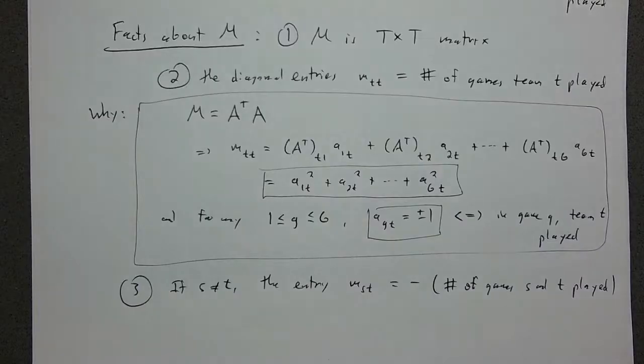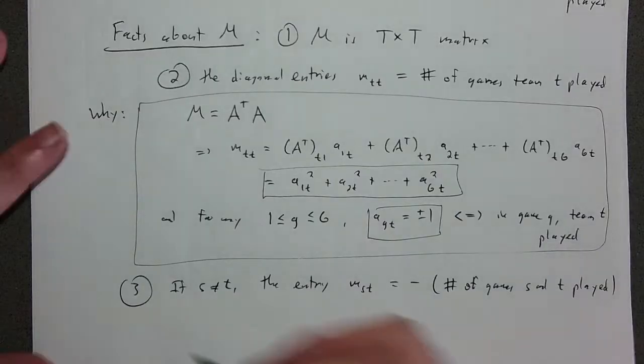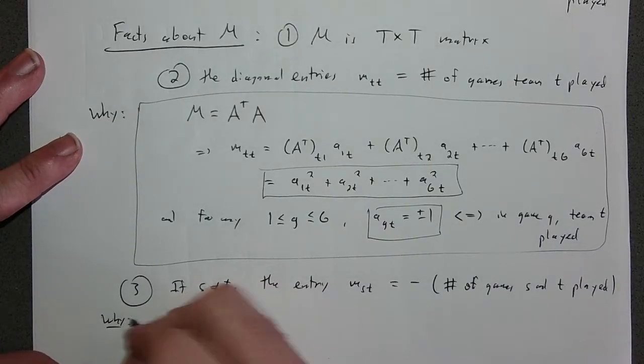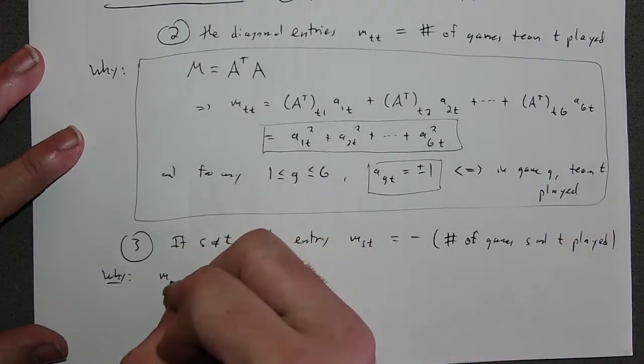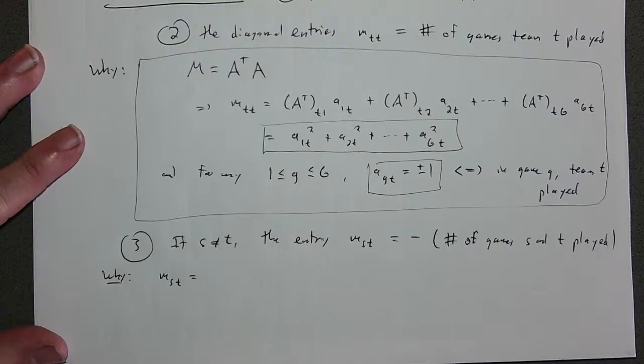Now, why does that work? Well, for a similar reason, right? So similarly, M is A transpose A, and so I can actually just write out generically what M sub st has to be.